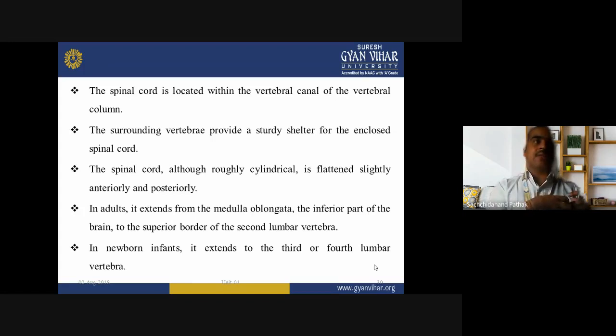Although the spinal cord is roughly cylindrical, it is flattened slightly anteriorly and posteriorly. Adults में ये extend होंगे from the medulla oblongata, the inferior part of the brain, से लेके superior border of the second lumbar vertebra तक. But in newborn infant में ये third और fourth lumbar तक होंगे. Otherwise 2 तक होते हैं.